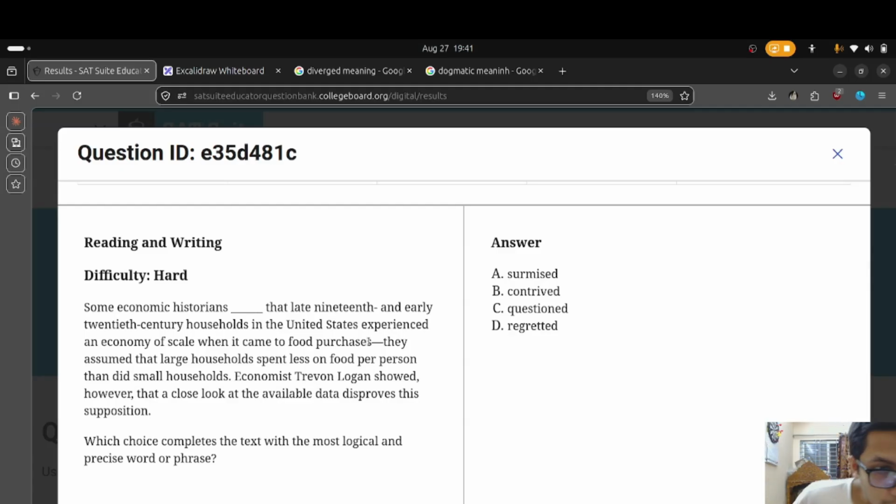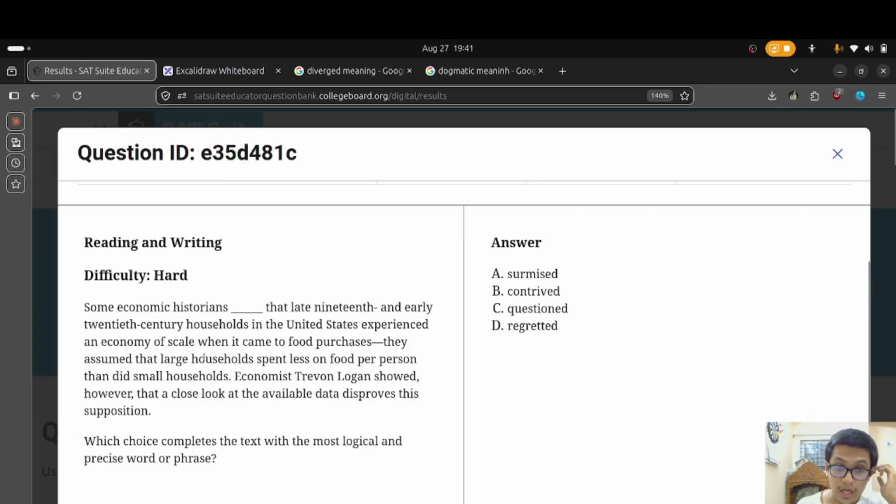Okay, so if we look, some economic historians surmised that late 19th century households in the United States experienced an economy of scale when it came to food purchases.